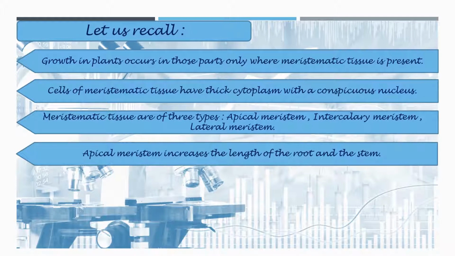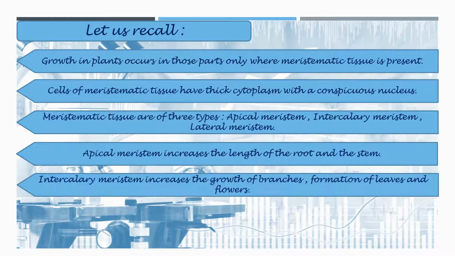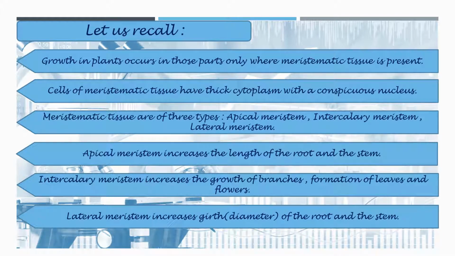Apical meristem increases the length of the root and the stem. Intercalary meristem increases the growth of branches, formation of leaves and flowers. And lateral meristem increases girth, that is diameter of the root and the stem.